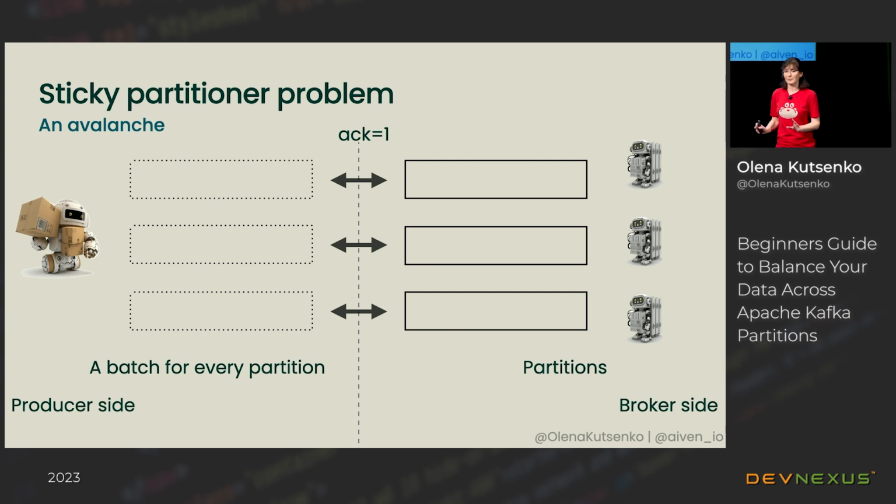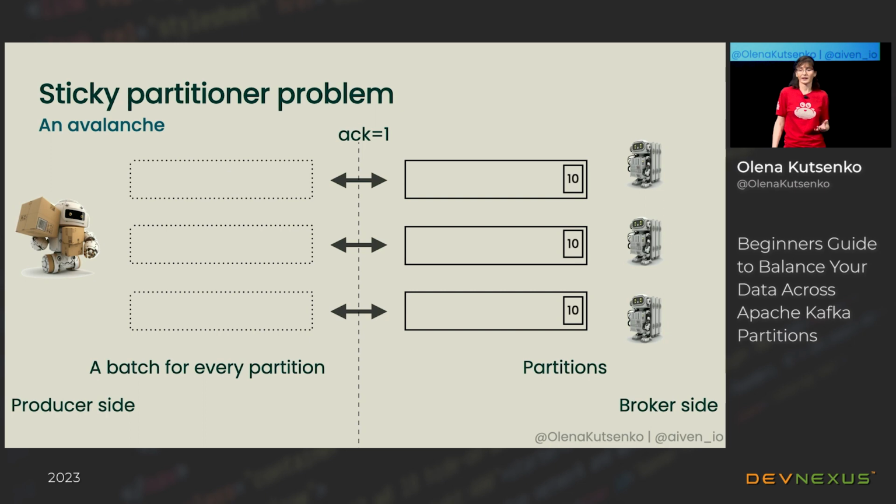This situation happens if one of the brokers you have in the system is significantly slower than others. Let's imagine it's our first broker over there, and for some reason, maybe too many hot partitions, maybe some other things bother that broker, but it's slower. When we distribute the data across the partitions with sticky partitioning, we just send the data.